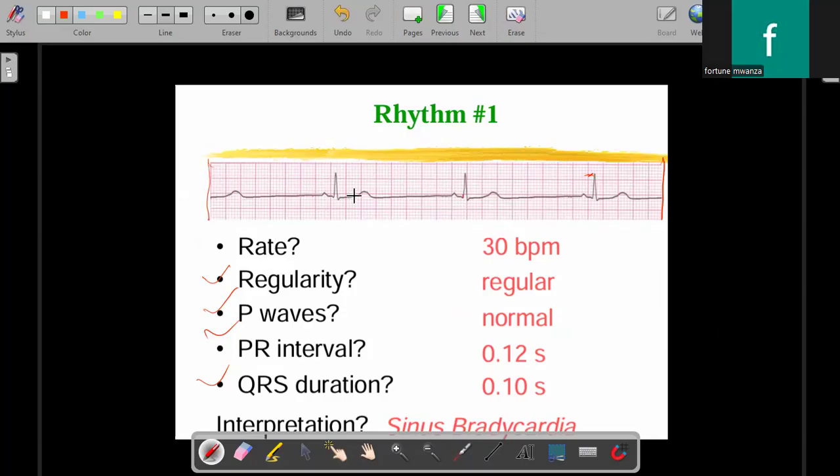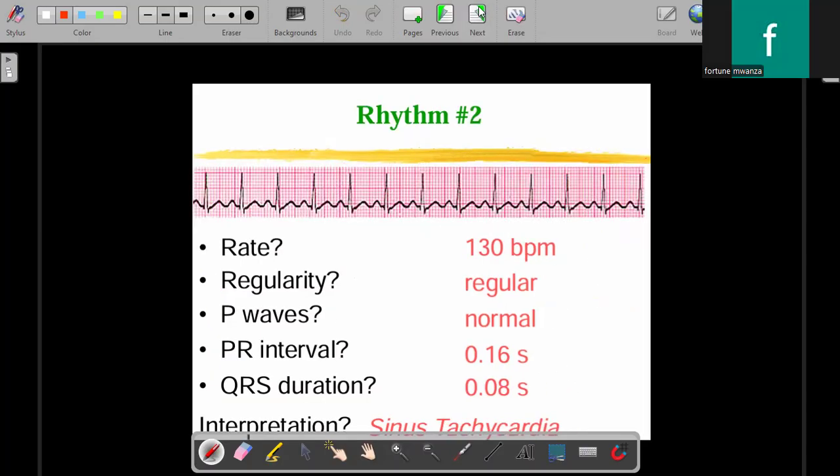If you count the number of RR intervals, we have about 3. So 3 times 10, we get 30. This is 30 beats per minute, which is below the normal range. So you can conclude that this is sinus bradycardia.